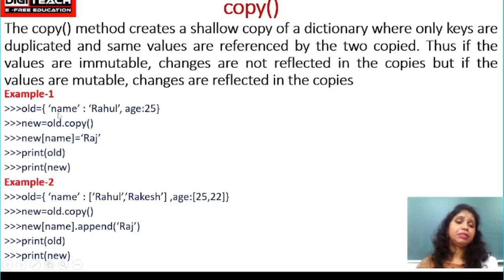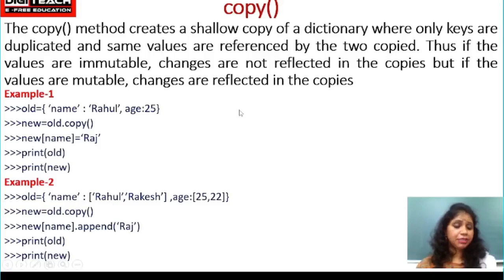This is about your shallow copy. So, let us do it practically. After that we will discuss the case where the original dictionary variable contains mutable values, where changes are reflected. Both the things we will discuss practically.